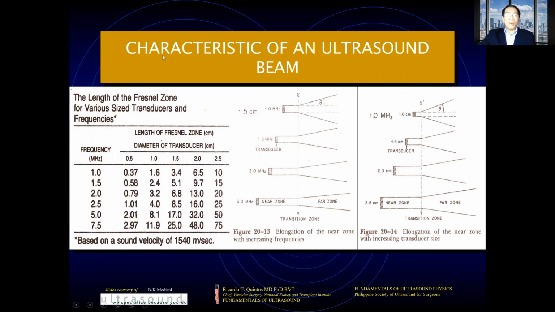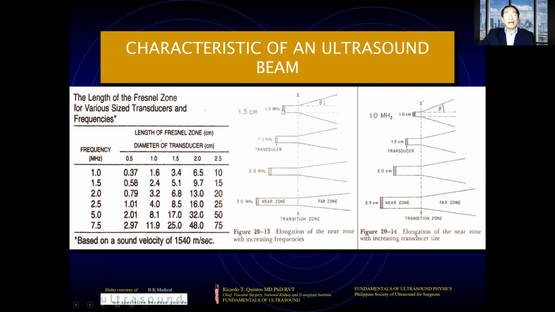What can we do to improve the focal point of the ultrasound beam? The length of the Fresnel zone, or the near zone, can be affected by the size of the transducer, and it can also be affected by the frequency of the vibration.